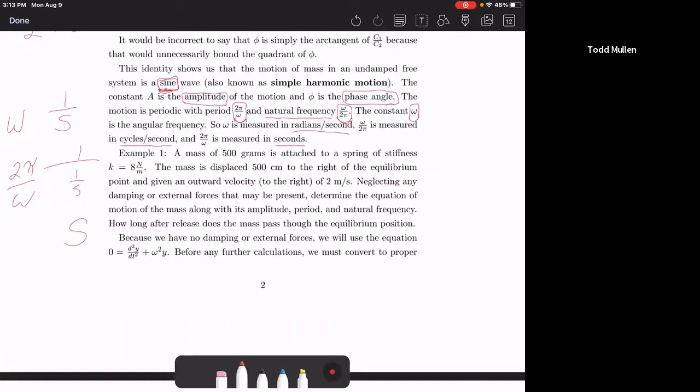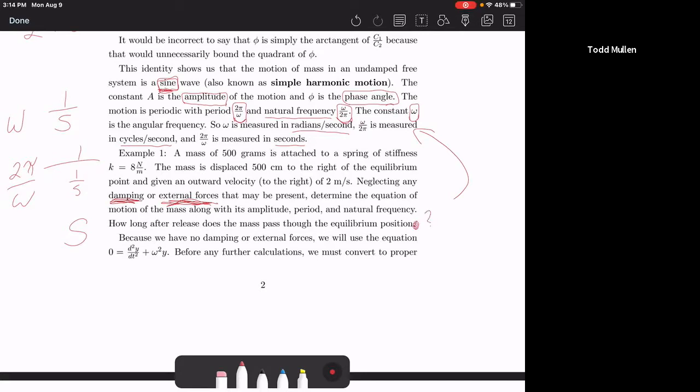Neglecting any damping or external forces that may be present, so that is our F external and our b value, that makes this an undamped free equation we're going to be dealing with. Determine the equation of the motion of the mass along with its amplitude, period, and natural frequency, which we just discussed. How long after release does the mass pass through the equilibrium position?